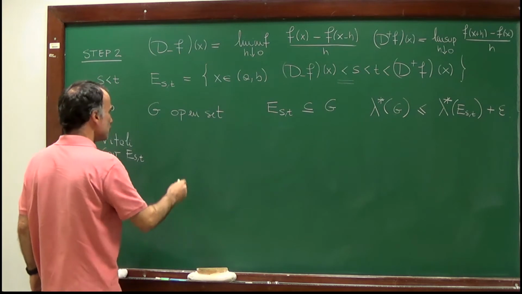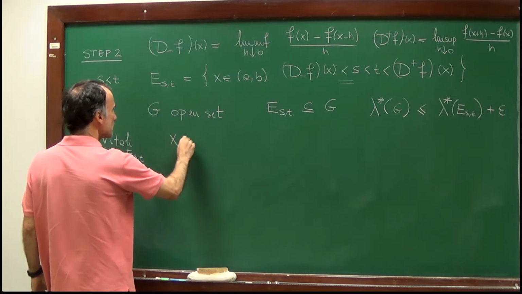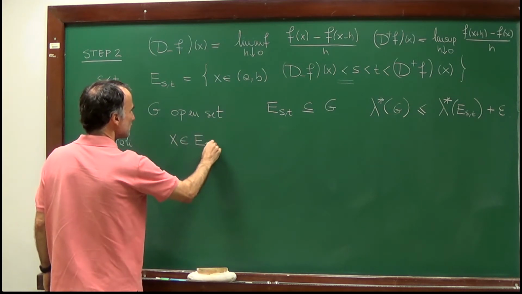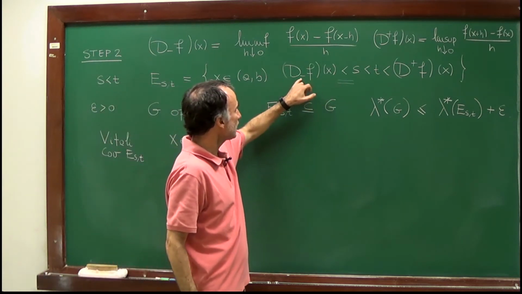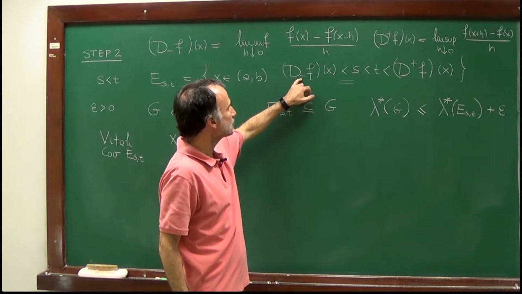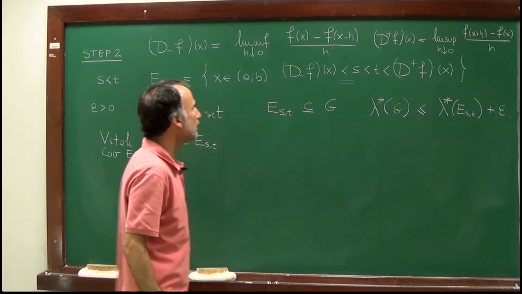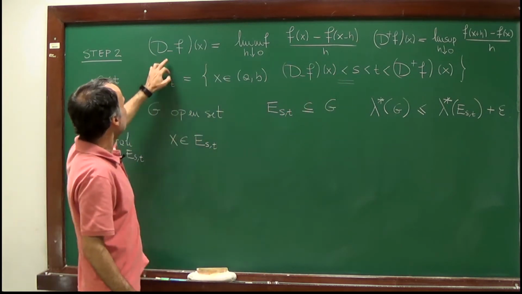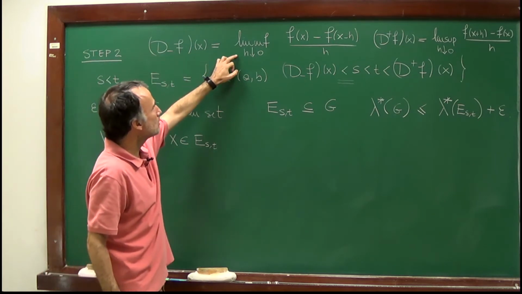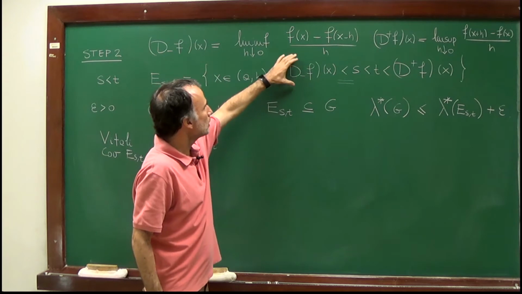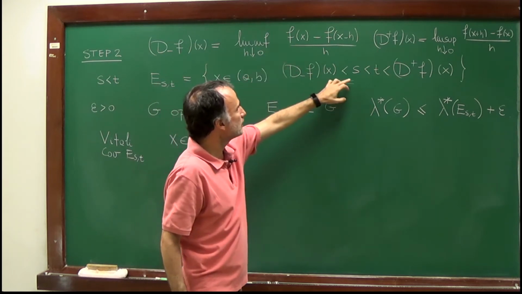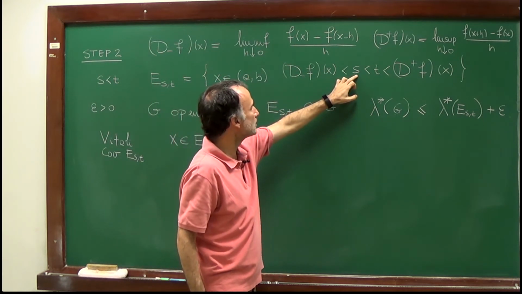Well, how do I do that? Take a point x in E_s. If x belongs to E_s, its lower derivative is bounded by s. The lower derivative is the limit inf as h tends to 0. So the limit inf of this quantity is smaller than s.